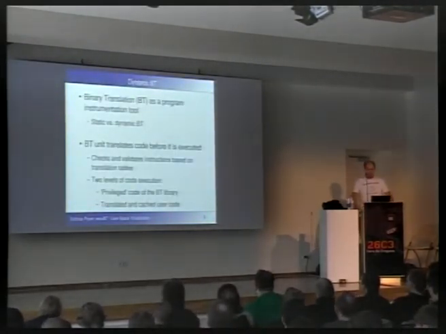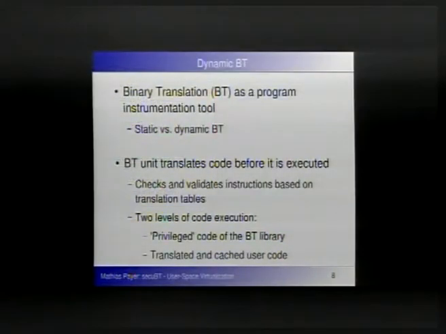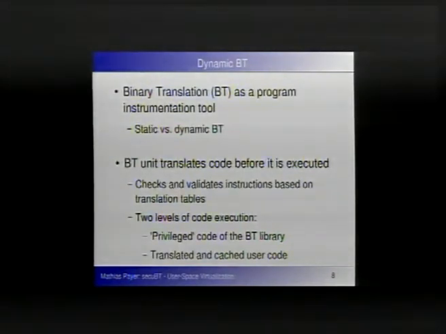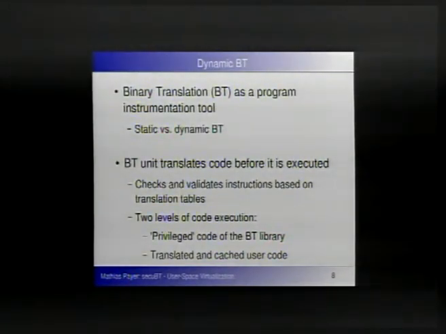So binary translation can be used as a program instrumentation tool, and this is kind of how I got into binary translation. I was working with some optimizations and trying out different things, wanted to add specific instructions, wanted to wrap some instructions, and just rewrite some program parts.